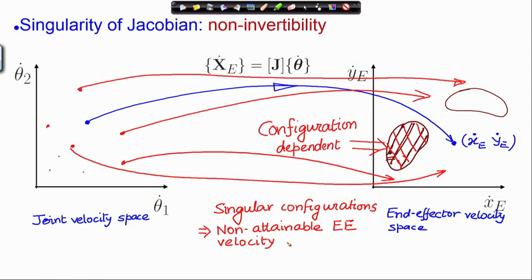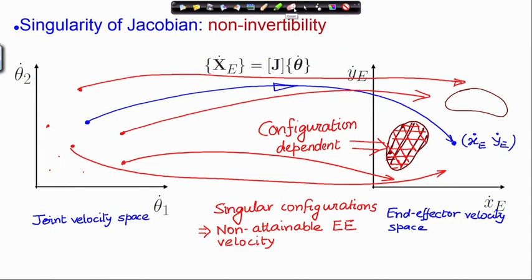So, these regions which correspond to velocities which cannot be attained are configuration dependent. They exist only for singular configurations. For non-singular configurations, everything is achievable.